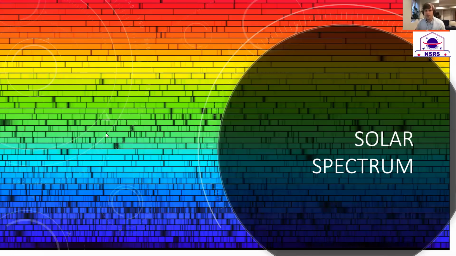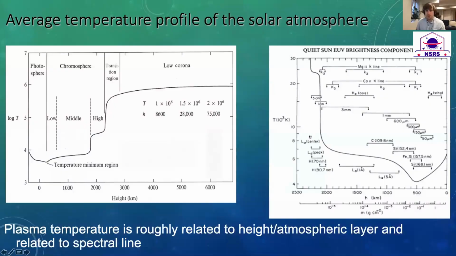The other thing that solar physicists do, which again is a little bit of a crutch, but it's also something that has a deep-rooted physical nature, is that they associate temperature with height above the atmosphere. As in, if I refer to a temperature on the sun, it specifically refers to a specific layer of the sun as well.